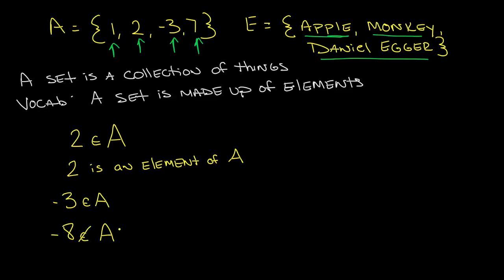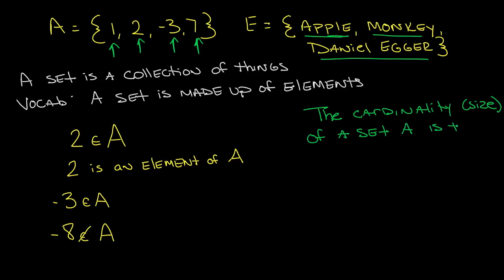The last little notion is the idea of cardinality or size. So, definition: the cardinality, which is just size, of a set A is the number of elements in it.